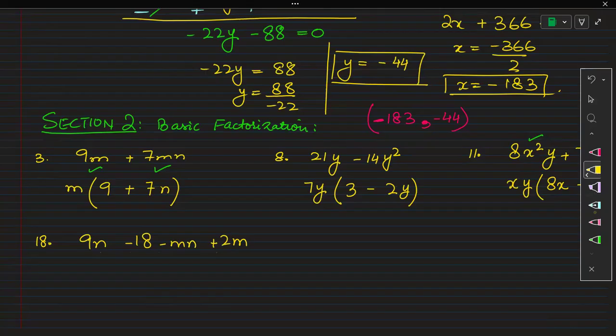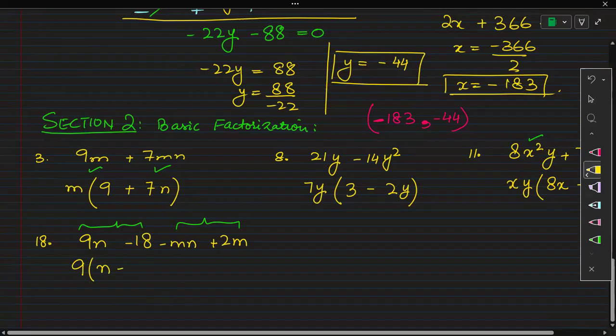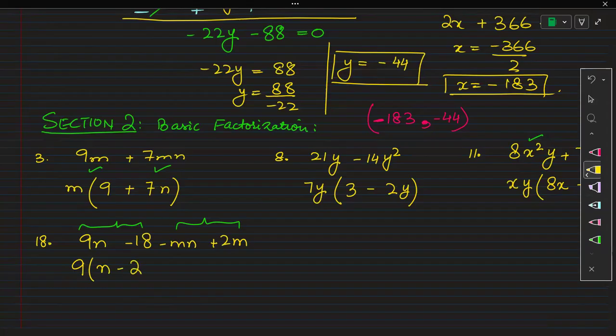But if you make the pairs, we can take common, right? So if you take nine common, n, 9 times what is 18? 2, right? Similarly, you can take m common because you can see m and m. It's common. So what I'm going to do, be careful. This time minus is there, so I'm going to put minus here.